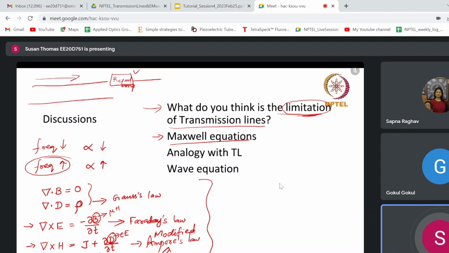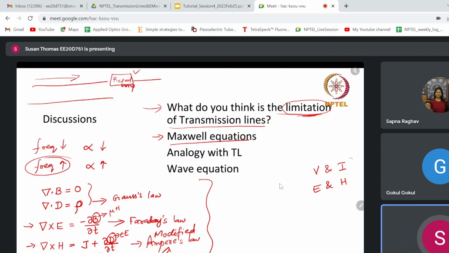Now, what is the analogy of this with a transmission line? You have come across transmission lines before. During the discussions of transmission lines, we came across voltage and current. Whereas when we come to the free space equations, we take these two terms, electric field and magnetic field.